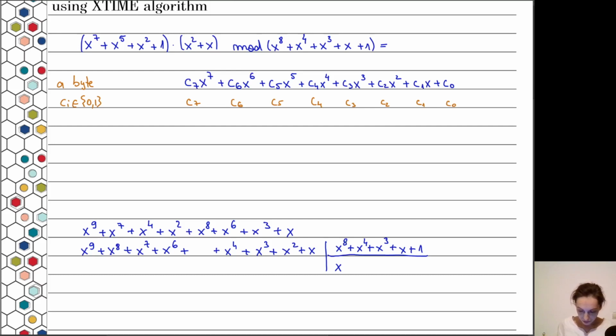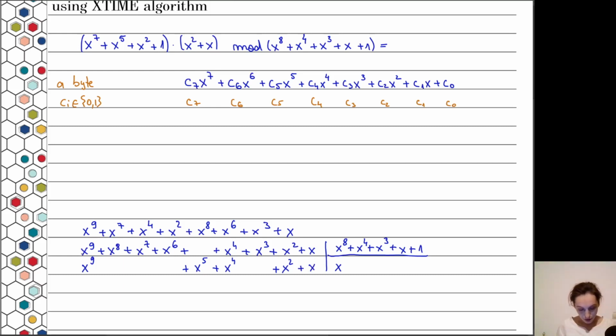So we will have 8 plus 1 is 9, x powered by 9. 1 plus 4 is 5, so we will have here x powered by 5. 1 plus 3 is 4, x powered by 4. 1 plus 1 is 2, x powered by 2. 1 plus 0 is 1, so we will have x.